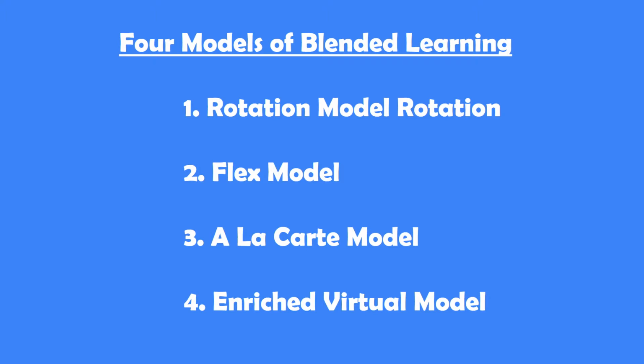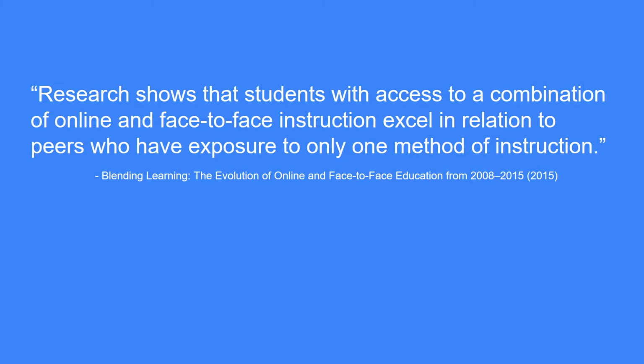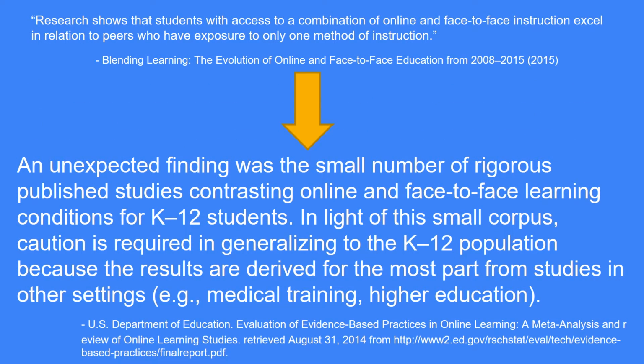In the article that I read, as I mentioned before, there's an underlying assumption that the blended learning model leads to higher student achievement over strictly face-to-face or strictly online. They base that, from what I could tell, on a single government study, and within that study they actually admit that there's not a lot of rigorous research done on this.